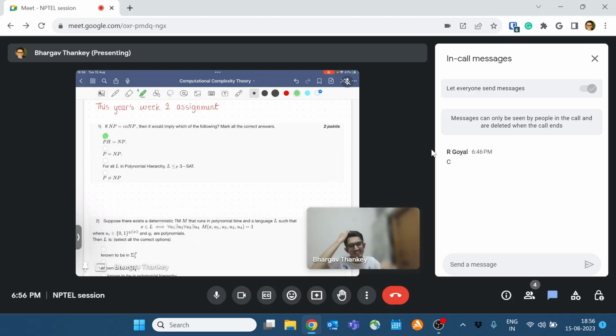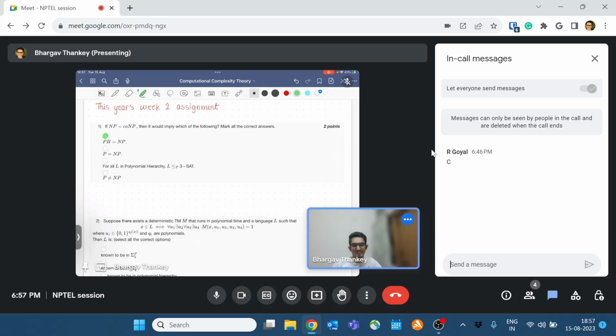Why so? Something like that is known, but not in the direction you are saying. What is known is that if NP were not equal to co-NP, then P would not be equal to NP. If NP is equal to co-NP, then that does not imply anything about P equals NP.